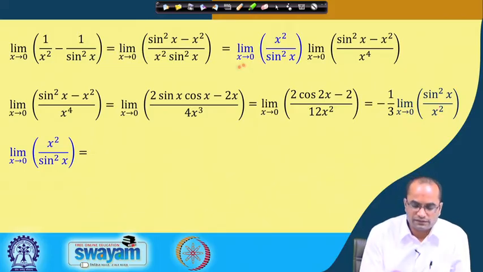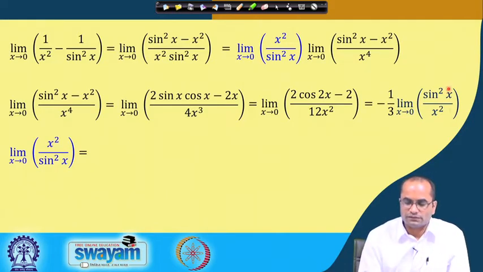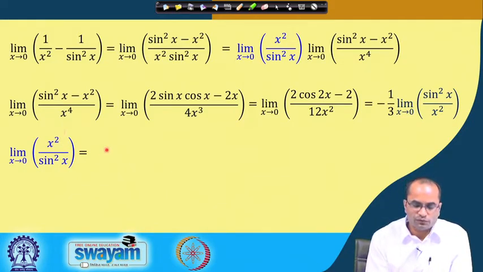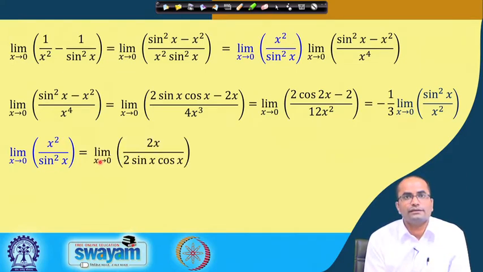So, let us consider this one. We could have considered sin square x over x square, both will result in the same limit. So, just consider limit x goes to 0 x square over sin square x.